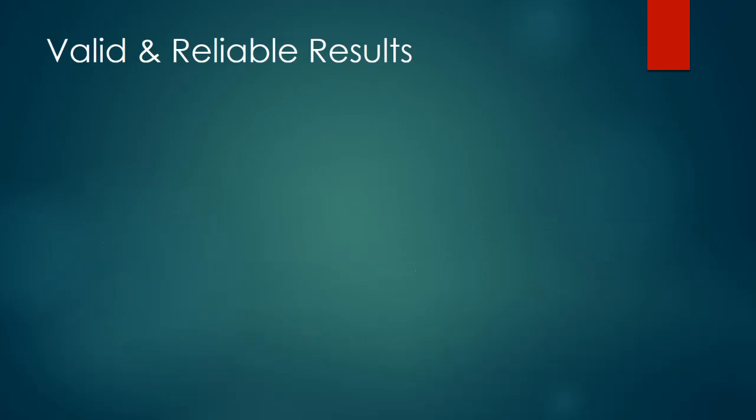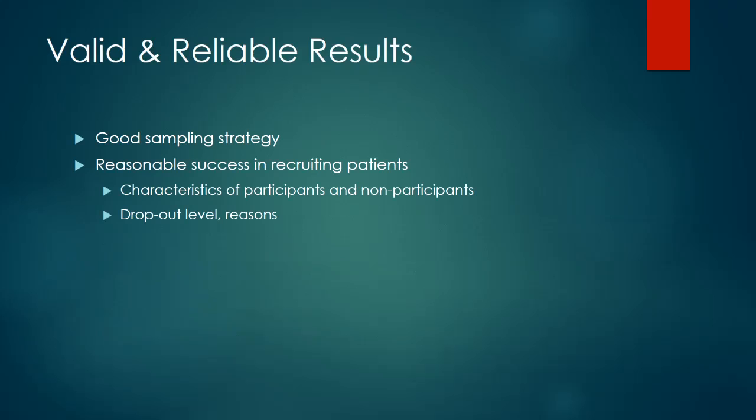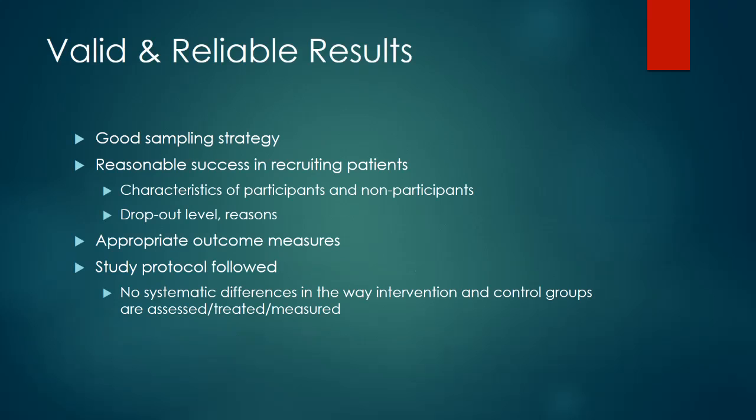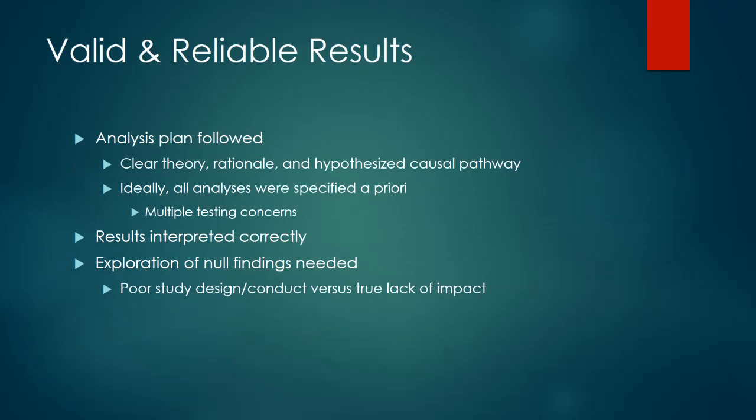We'd want to ensure the results were valid and reliable. So that means having a good sampling strategy, having reasonable success in recruiting patients, having appropriate outcome measures, following the study protocol appropriately, following the analysis plan, so having a plan up front and not deviating from that as a result of the data that were collected, interpreting results correctly, and then exploring null findings.